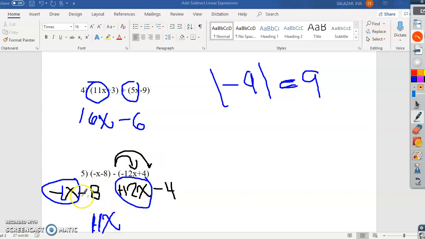And then you have negative 8 minus 4. Same signs, we're going to add. And that's going to give us negative 12, and we keep our answer negative. So your final answer on this one is 11x minus 12.